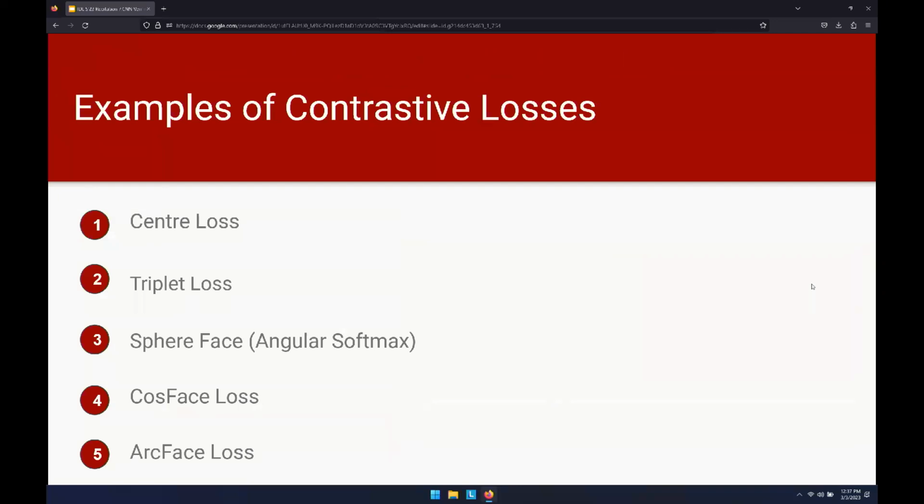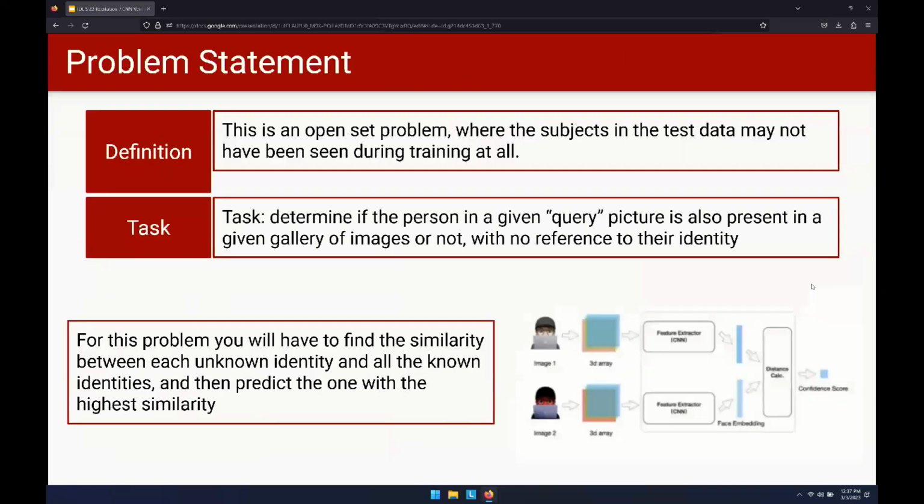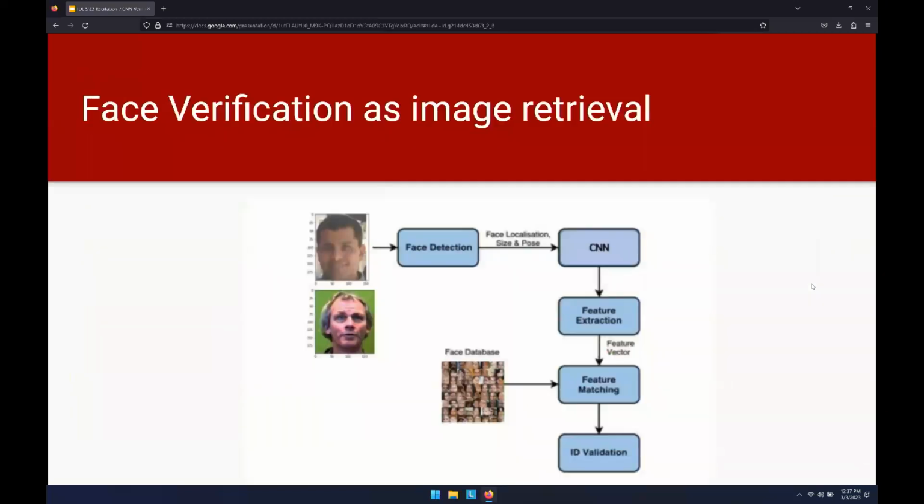So let's talk about how you're going to be using that in your verification approaches. Just to reiterate the problem, we have an open set problem here, in the sense that we do not know all the identities that were not there during training. So now we have to find out who the query person is with respect to the training set data that we have. For the time being, as you would have seen if you've already started working on part 2, you have a CNN, which gives you a feature. That feature vector is fed into a linear layer, which gives you the classes, and that is your classification task.